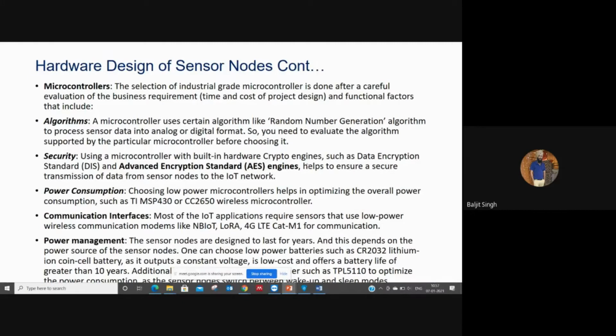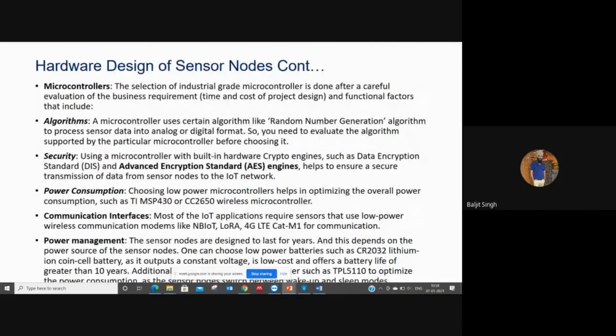But when you have to install some device in outdoor environments or in an industrial environment where there are chemicals, corrosion, or any other high temperature thing, then you need to select industrial grade components. And other functional factors include algorithms, security, power consumption, communication interfaces, power management.